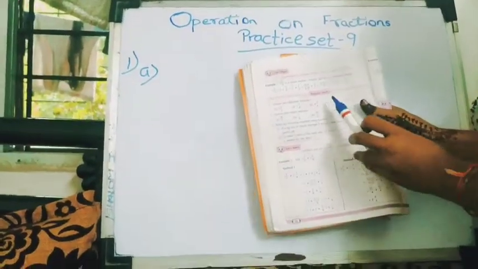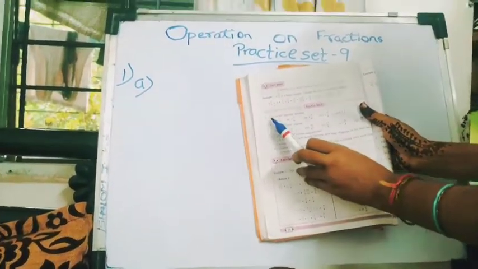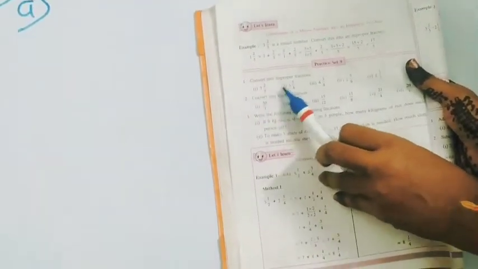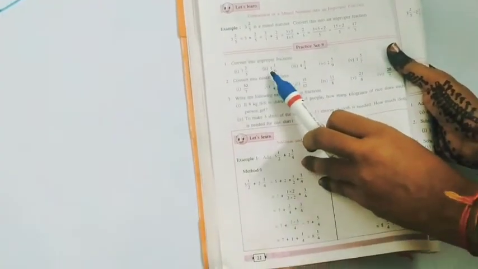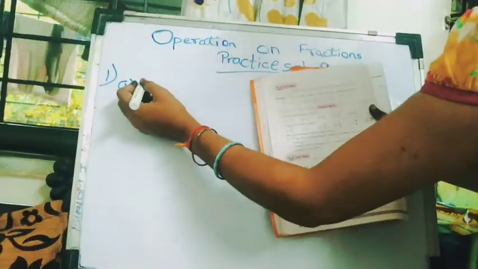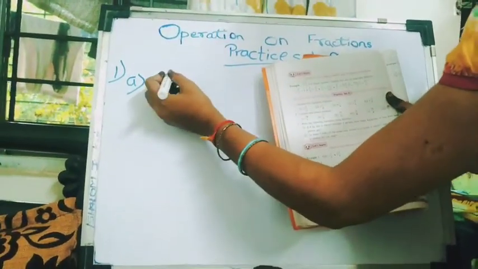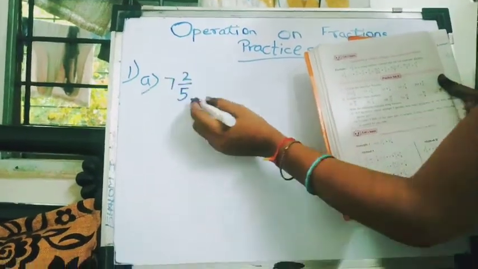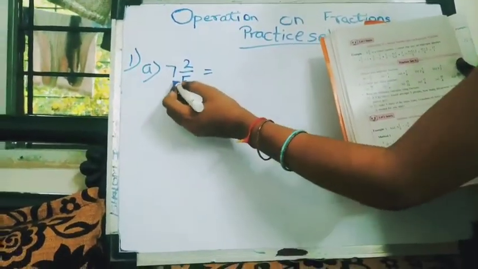Now we will solve practice set 9. First question, convert into improper fraction. Here some mixed fractions are given, we will change them into improper fractions. First question is 7 upon 2 by 5. This is a mixed fraction. We will change it into an improper fraction.